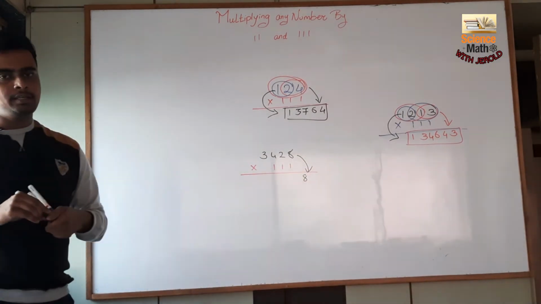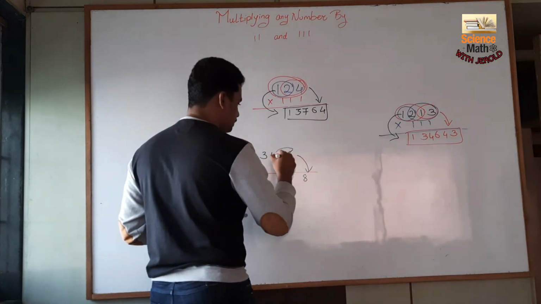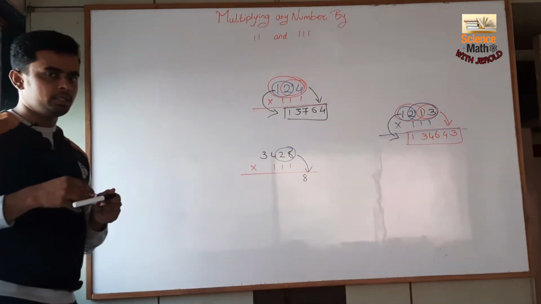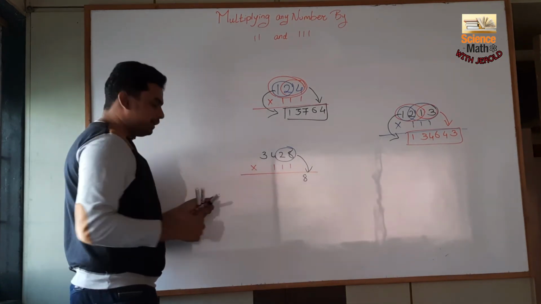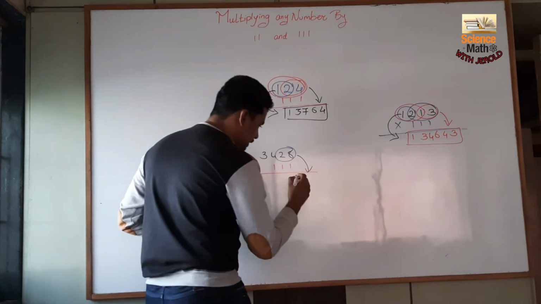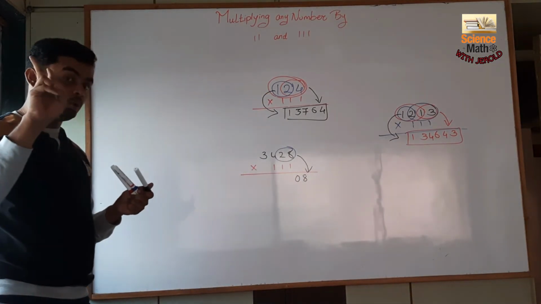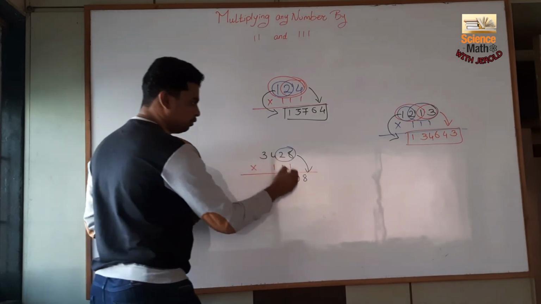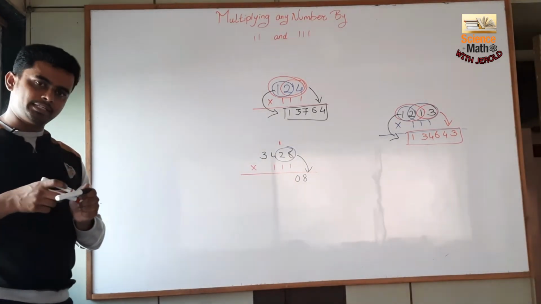First basic thing is I write the last digit as it is. Next comes my final two digits. 2 plus 8 will give me 10. So what I write here is only 0, and that 1 gets carried. So the 1 will get carried over here. Okay, so 1 gets carried.